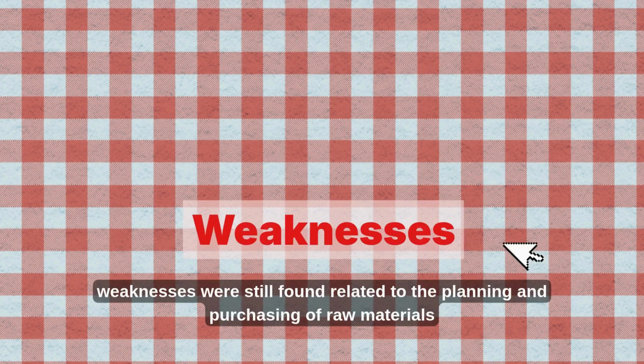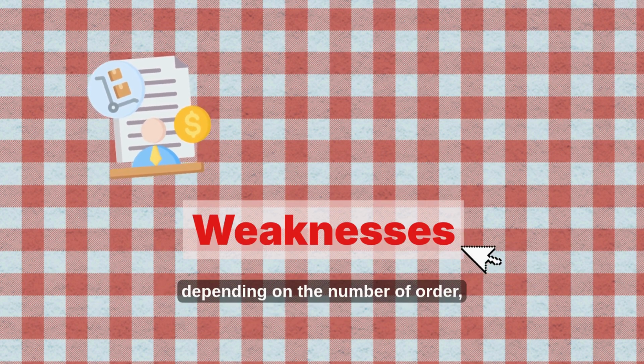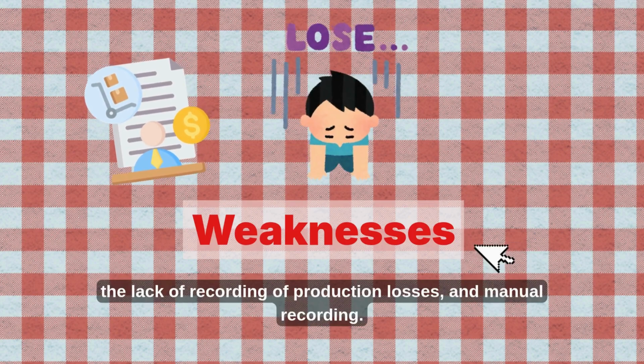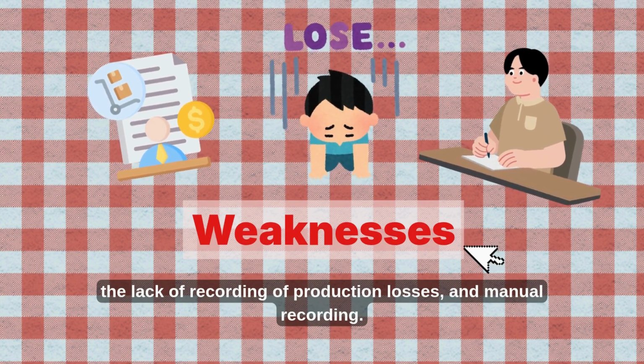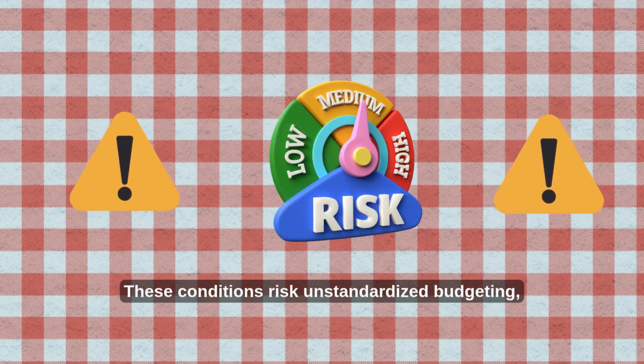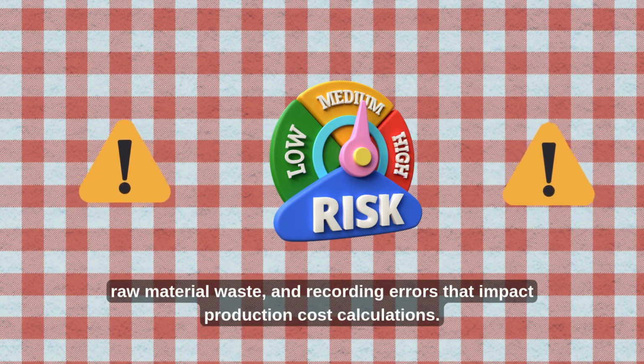However, several internal control weaknesses were still found related to the planning and purchasing of raw materials depending on the number of orders, the lack of recording of production losses, and manual recording. These conditions risk unstandardized budgeting, raw material waste, and recording errors that impact production cost calculations.